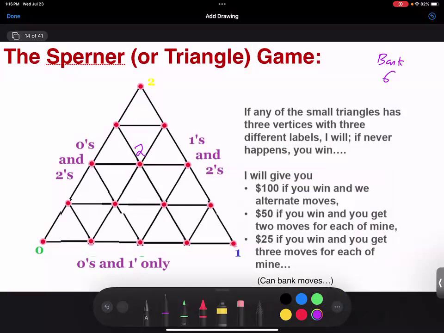So where do you want to go? So we have a bunch of talks to get to later today, but we have time. You could, of course, bank again and not move at all.